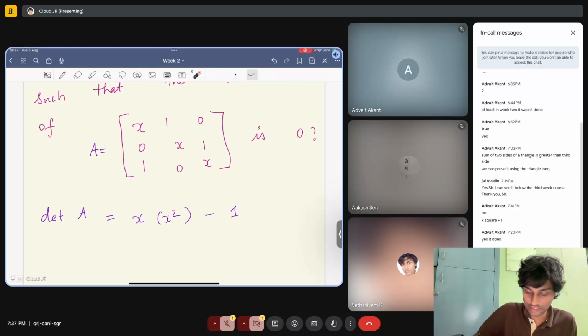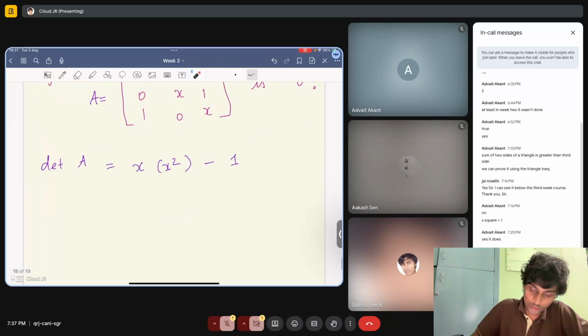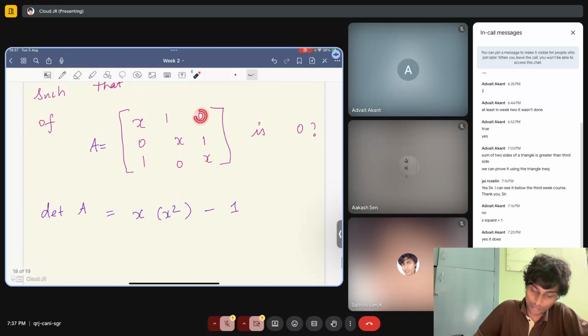I can change this. I took this matrix so that the determinant is easy to compute, but you can put any number you want. I'm just having one variable here. So you will get some polynomial like this. Of course, one can directly see and say 1 is the root, but what I was trying to say is you can change the numbers here. It doesn't matter. You can put 1,000 here or something.